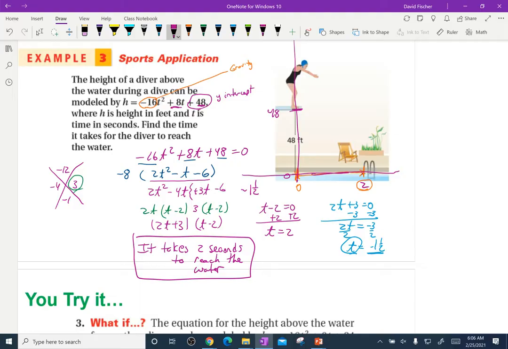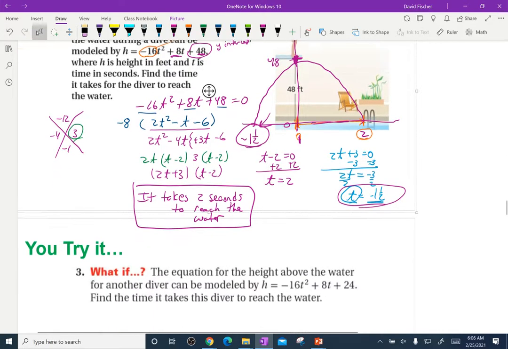And so kind of what happens is the parabola will really go like this. But again, we can't have a negative time because we're starting at 0 where this girl is up here on the diving board. So that's why we throw this guy out. Still a parabola, but we just throw that one out, saying this one doesn't make sense time-wise.